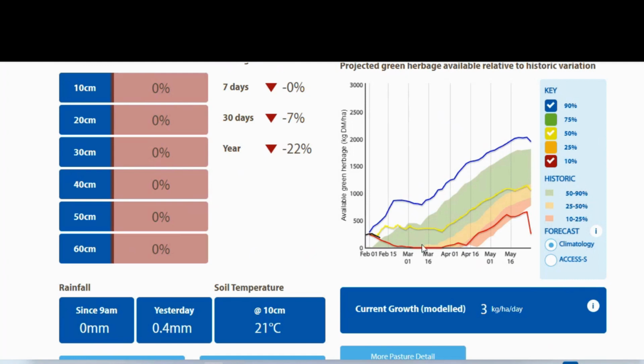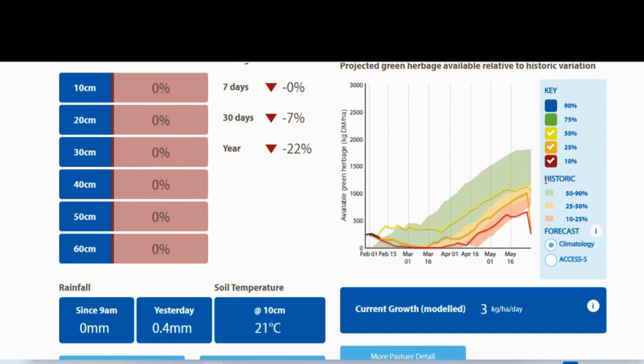If things stay dry, the red line is a reflection of what could happen to pasture. The yellow line is the 50%, so there's 50% of the data below that, 50% above. That's the 90%. I don't tend to look at the 90%. I tend to look at those three most of the time.